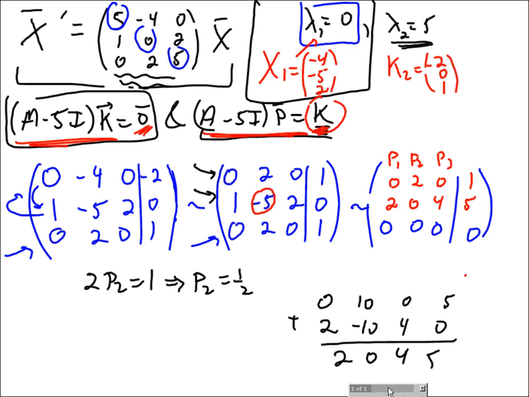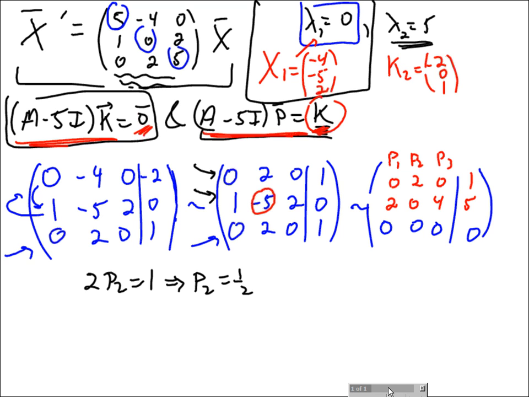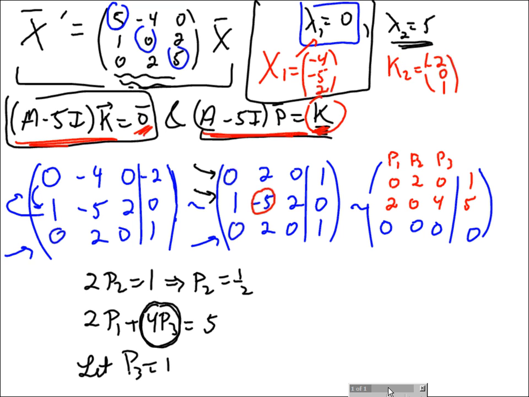Okay. So the second equation reads 2p1 plus 4p3 is 5. Well, if I let p3 be 1, well then this is 4. This 4 times 1 is 4. So this must be 1. 1 plus 4 equals 5.